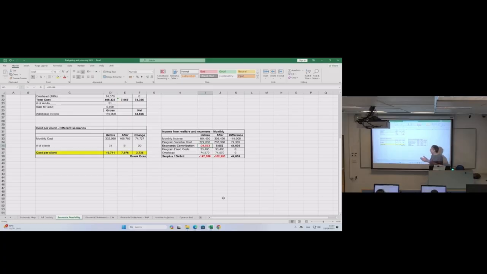So let's see why. Suppose I'm in a situation now that I'm just before the change. I'm doing my calculations for the change. My current cost per client is 11,000, right? I did the calculation. This is my cost per client. I know that this is a misleading term, but the other side doesn't know that.